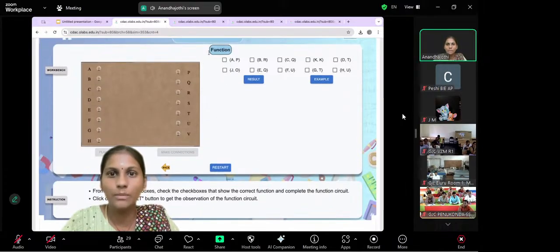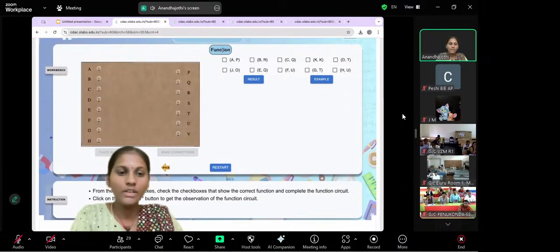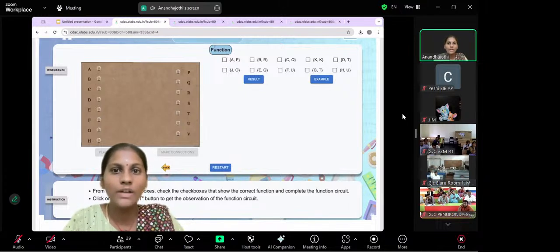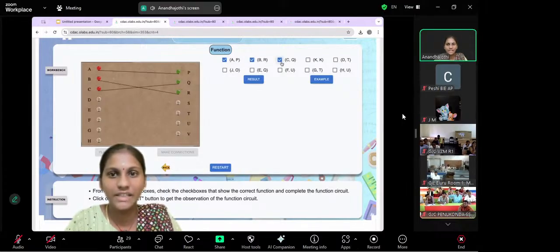Similarly, it goes on to another thing. Before this, we played with ordered pairs. Now it is about functions. So A and P is here, B and R is here, C and Q is here. K is not here. So K comma K will not be a function, right?